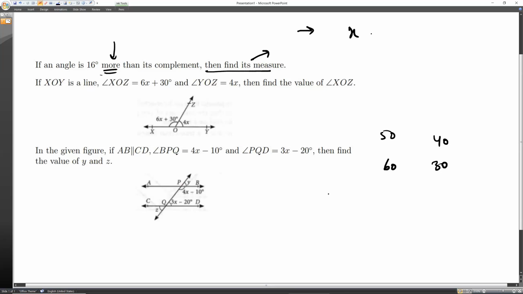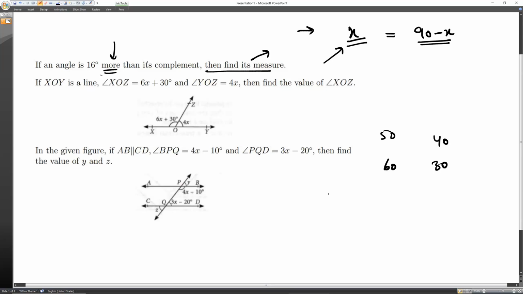Let the angle be x, then its complement will be 90 minus x, and this angle is 16 degrees more.